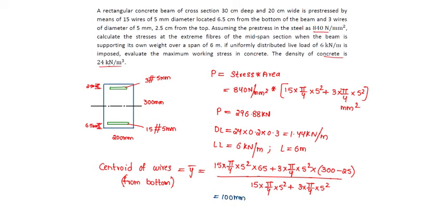Total depth is 300, so from the CG it will be 150 mm. Centroid is at 100 mm from bottom. Eccentricity will be, let us separately draw it again.